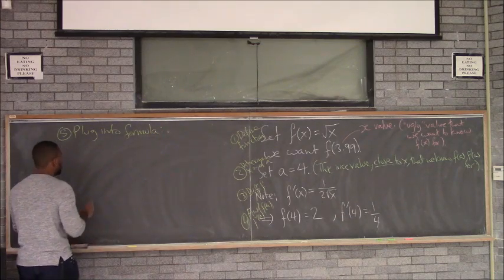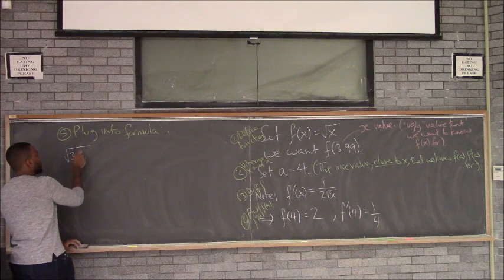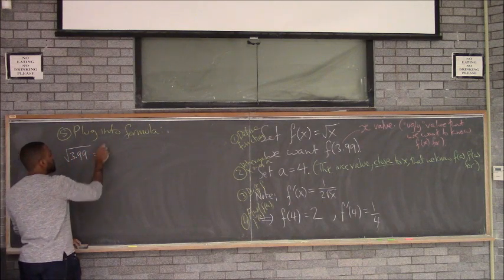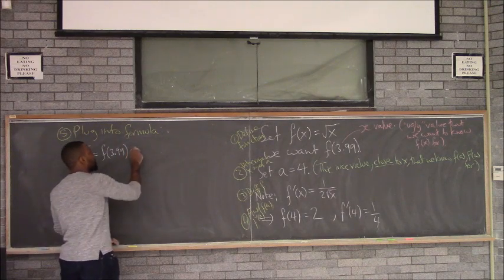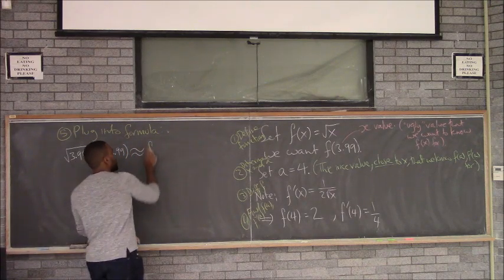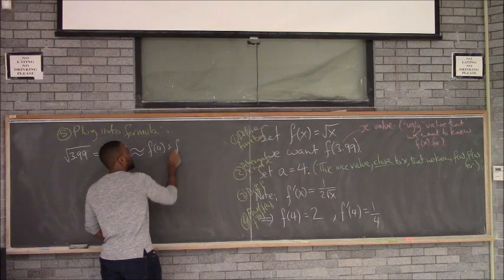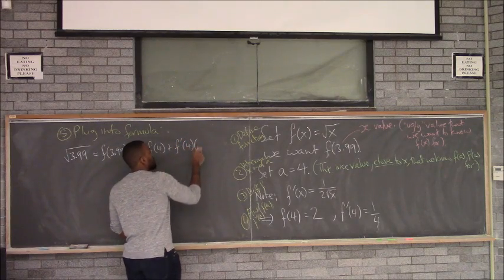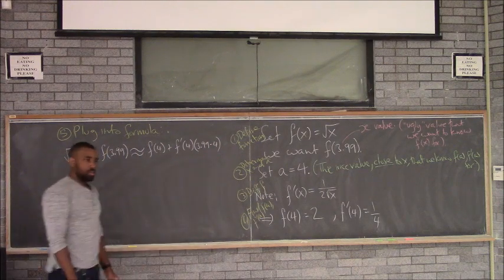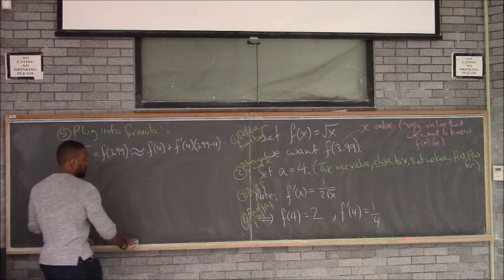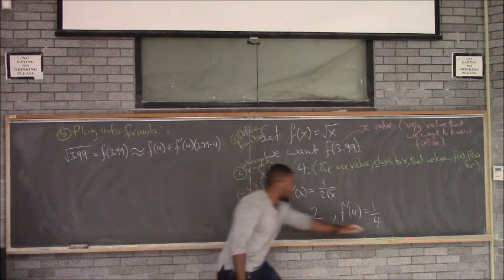So this means the square root of 3.99 is going to be f of 3.99. But that's something I don't know, so I'm going to approximate it by f of 4 plus f prime of 4 times 3.99 minus 4. So that's like my f of x.